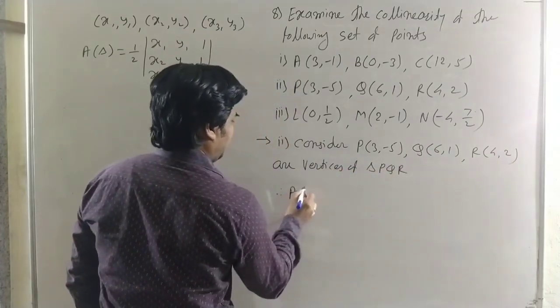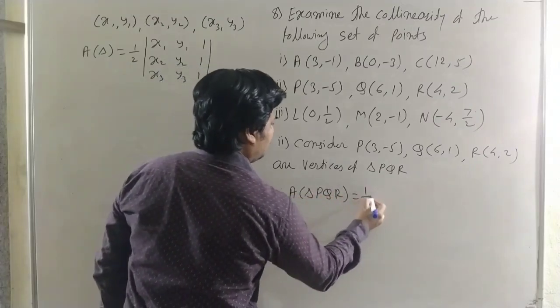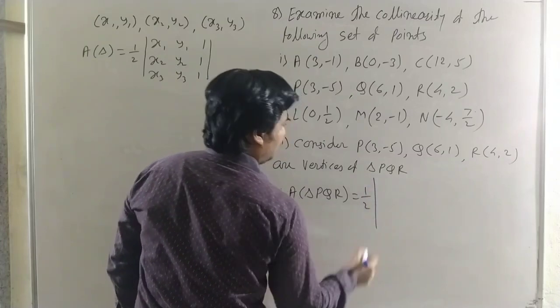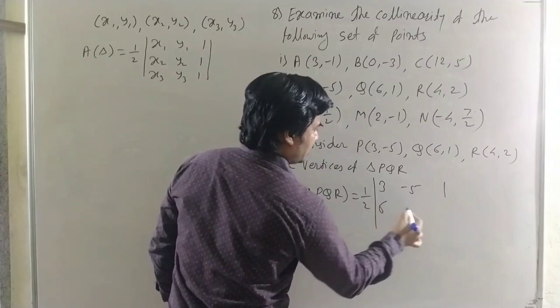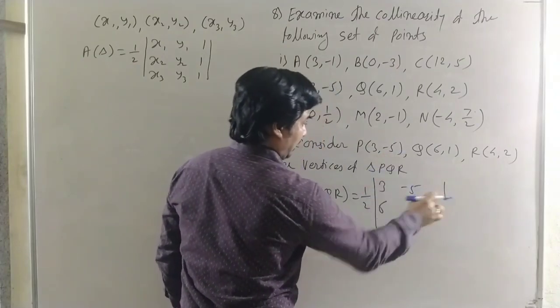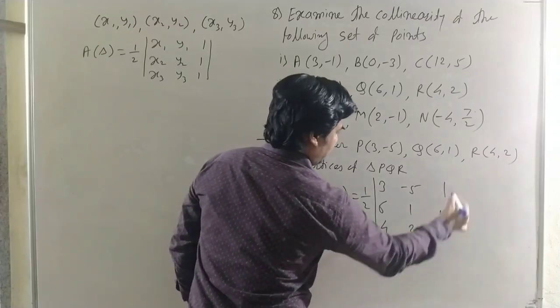Therefore the area of triangle PQR is equal to 1/2 times the determinant of x1, y1, 1; x2, y2, 1; x3, y3, 1, that is 3, -5, 1; 6, 1, 1; and 4, 2, 1.